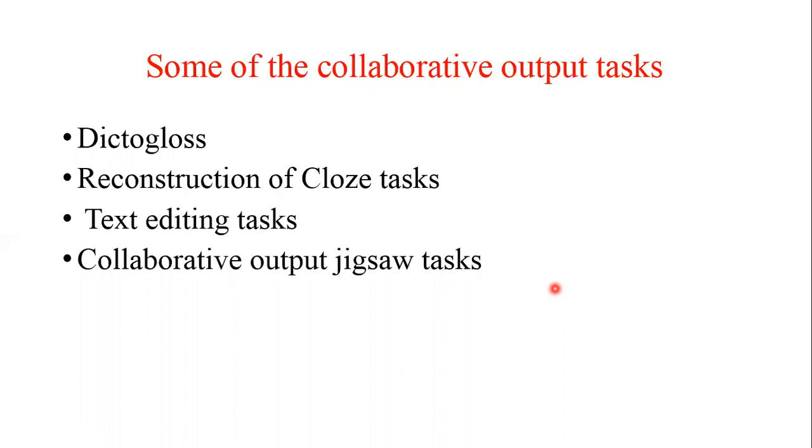One more is the collaborative output jigsaw task. You can find this on page 11. This kind of task is not far away from the text editing task. First, the lecturer has the original text, then reads it and students listen attentively.